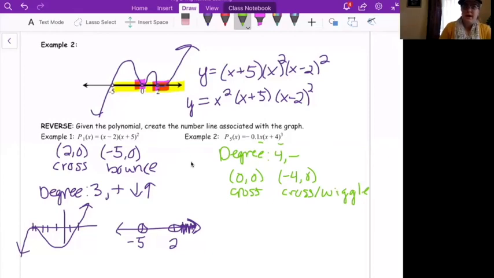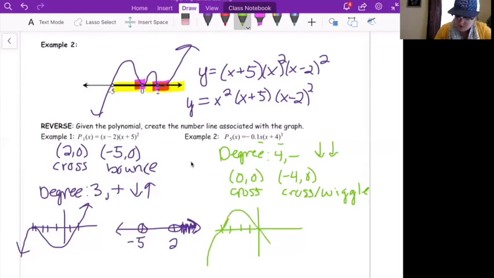And so then the graph would look something kind of like this. Because we have a degree of 4 and it's negative, it's going to be down, down. So we're going to start down. It's going to wiggle through negative 4, come up, cross through 0, and go back down.